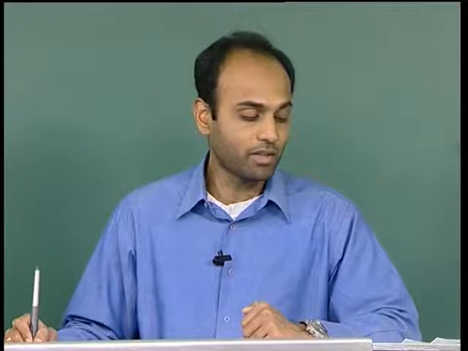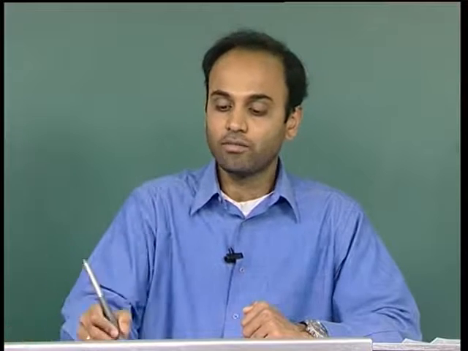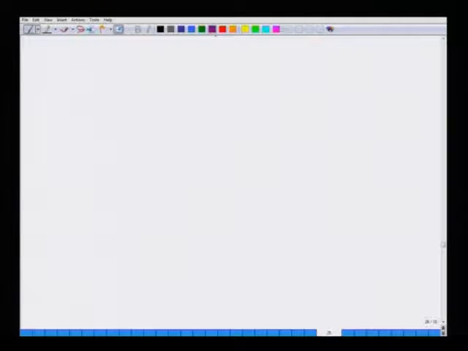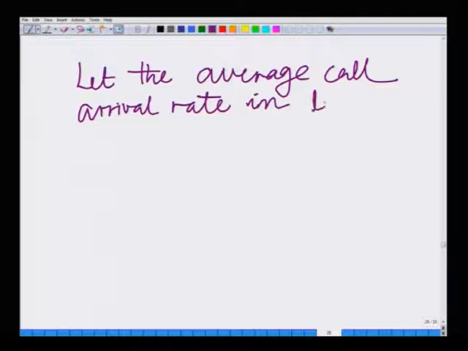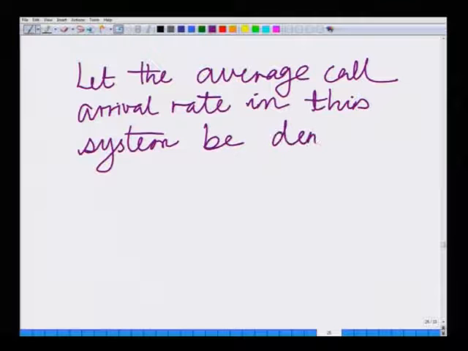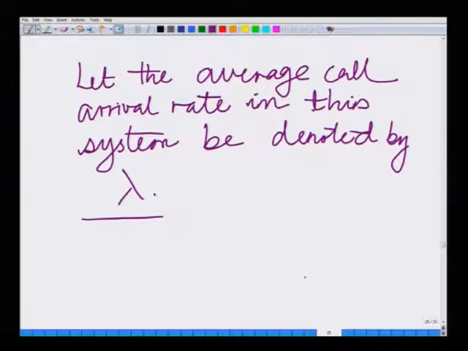is the Poisson parameter lambda, which is nothing but the call arrival rate. Hence, let the average call arrival rate in this system be denoted by the Poisson parameter lambda.